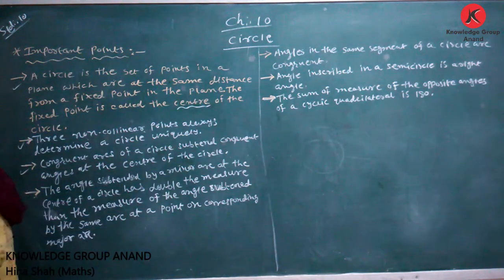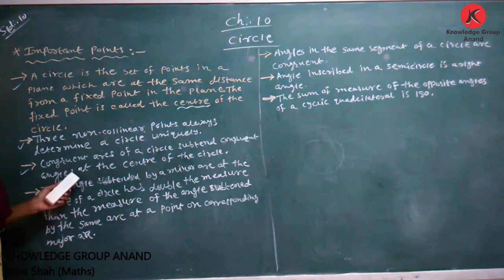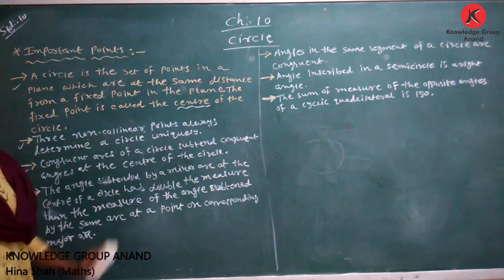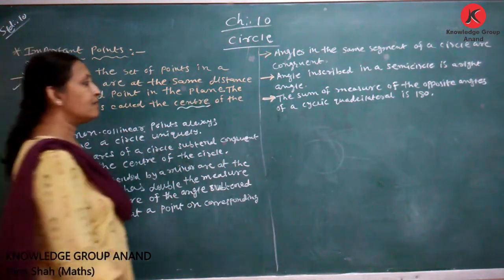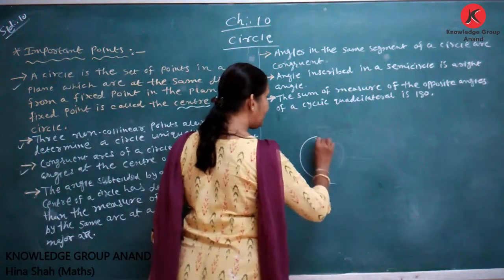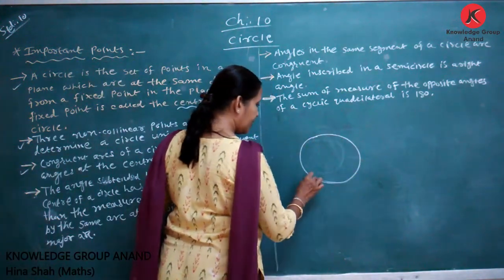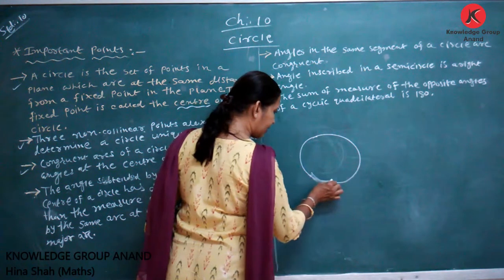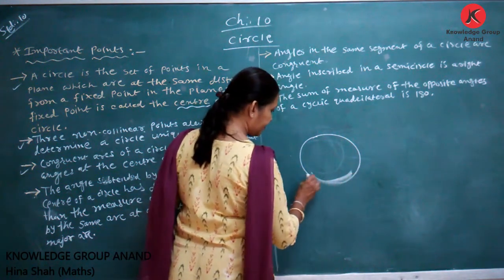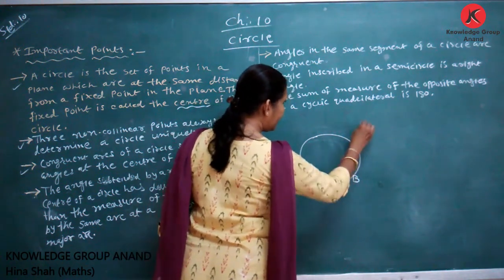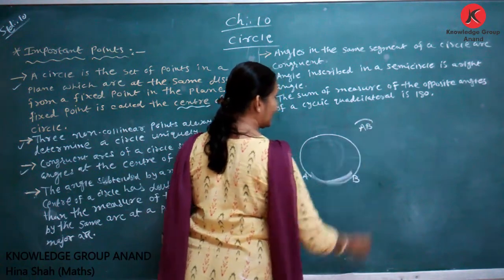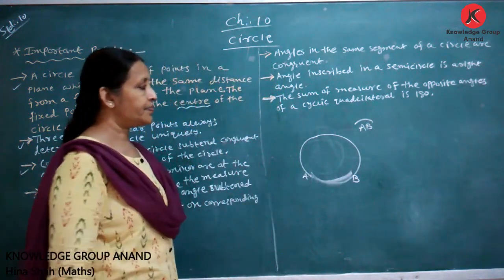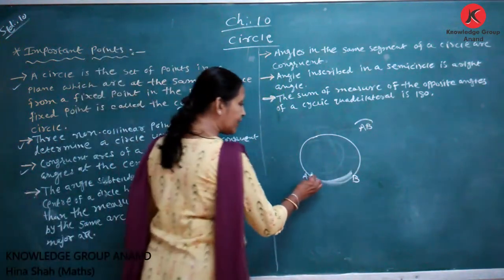Congruent arcs of a circle subtend congruent angles at the center of the circle. What is an arc? We know an arc is a part of the circle. Here suppose it is an arc AB. It is denoted like this, arc AB. It is a minor arc.